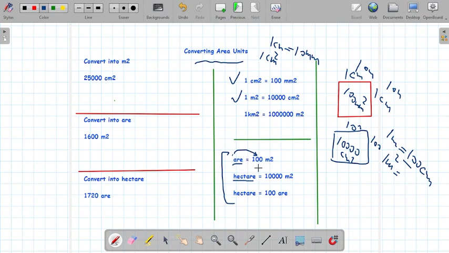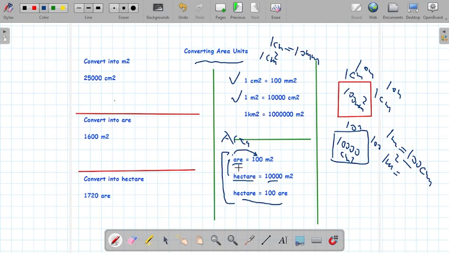Every 1 R is equal to 100 meters square. It means that 2 R's have an area, and by the way, this is area. This is not length, okay? This is not perimeter. And the hectare has 10,000 meters square. And when I try to convert from hectare to R, I know that the hectare has 100 R.